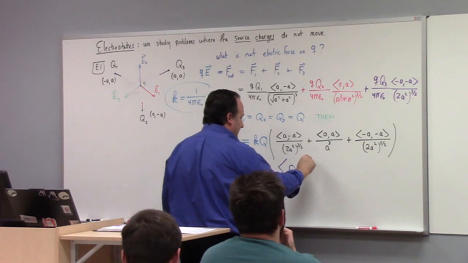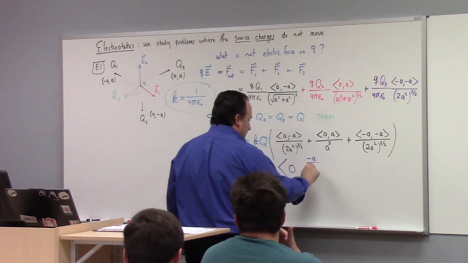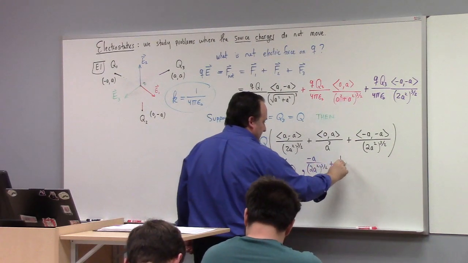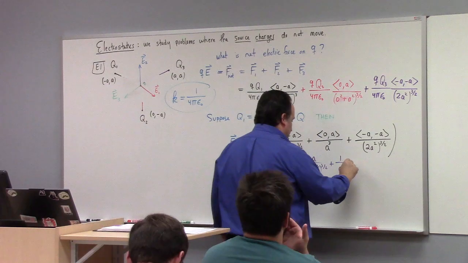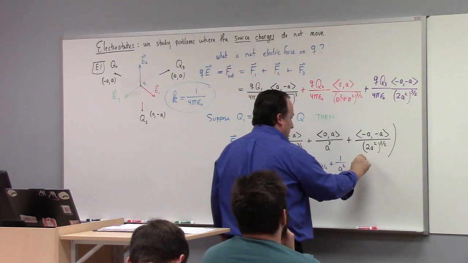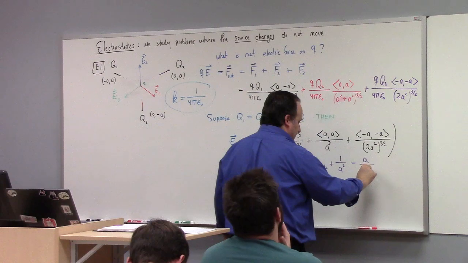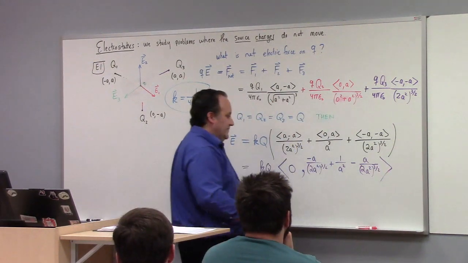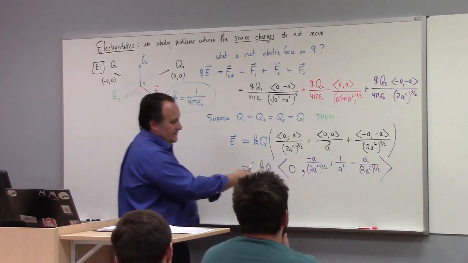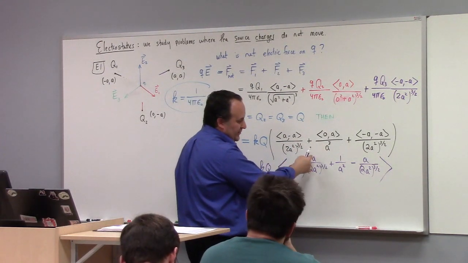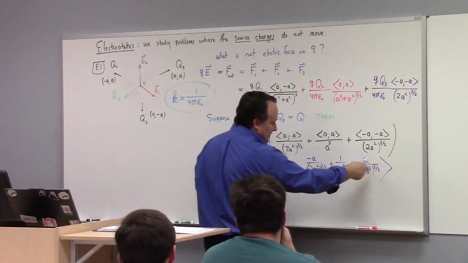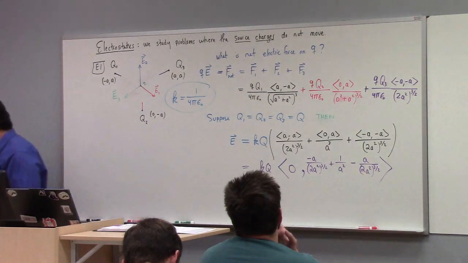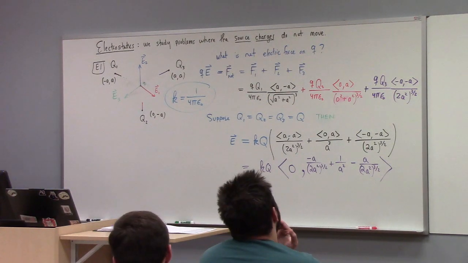And for the y, I've got minus a over 2a squared to the 3 halves plus 1 over a squared minus a over 2a squared to the 3 halves, right? Which we could actually work out. See, these are both over 1 over a squared, right? But there's a 2 to the 3 halves both places. So I don't know what 2 to the 3 halves is. What is 2 to the 3 halves, you know?